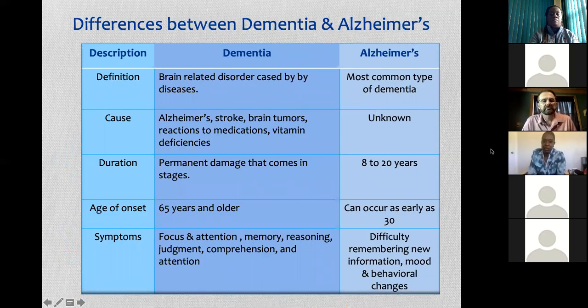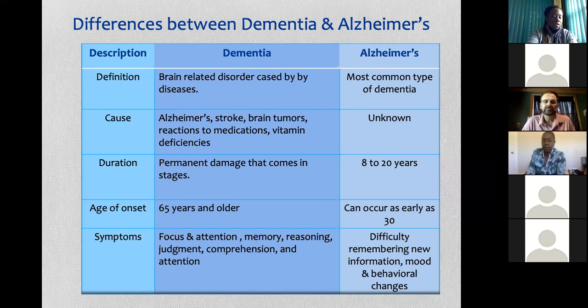So the differences between dementia and Alzheimer's. Dementia is a brain-related disorder, and it's caused by diseases. One of the leading causes of dementia is Alzheimer's. Some other causes are stroke, brain tumors, reactions to certain medications, and vitamin deficiencies, and there is no known cause for Alzheimer's.